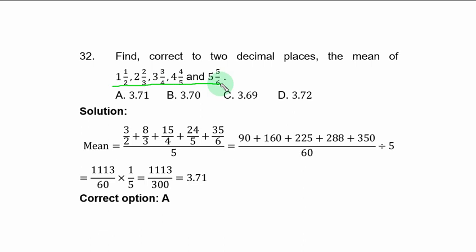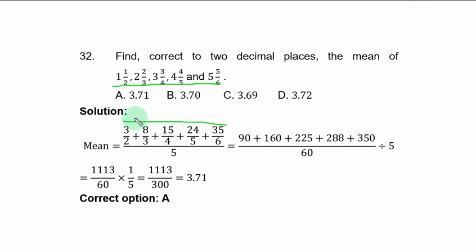The mean is simply the addition of all the given fractions divided by 5, the number of fractions. So if you convert the fractions to improper fractions, you have it in the numerator, divided by 5, the number of fractions.